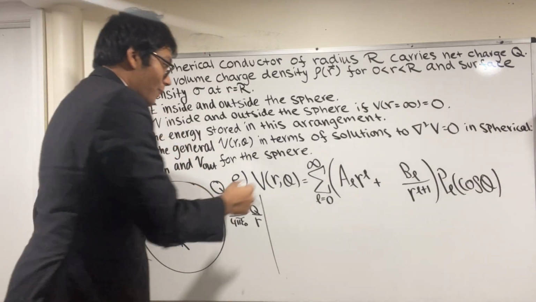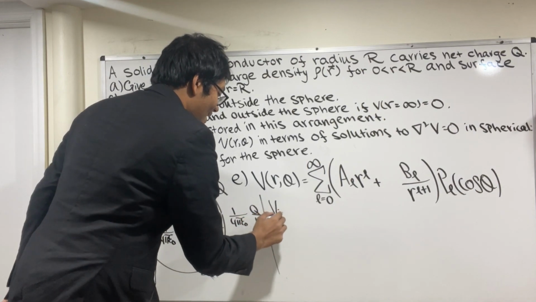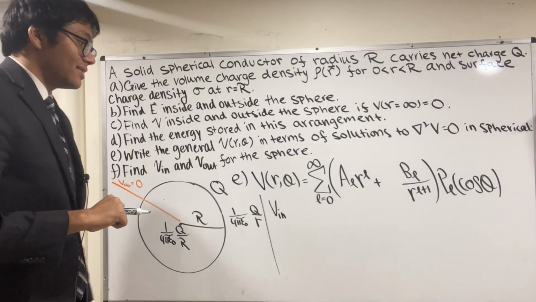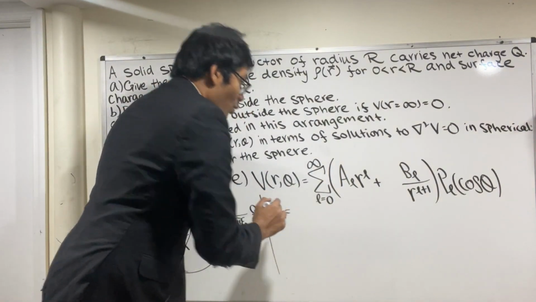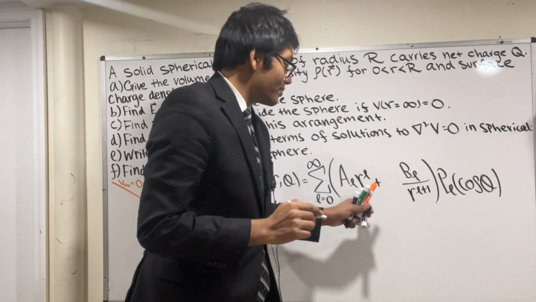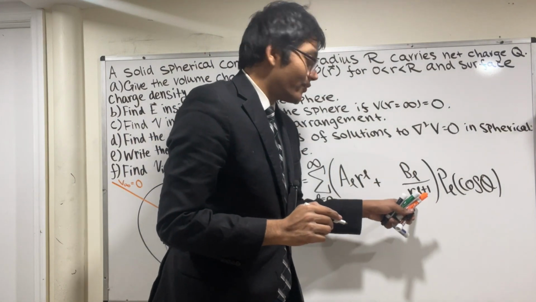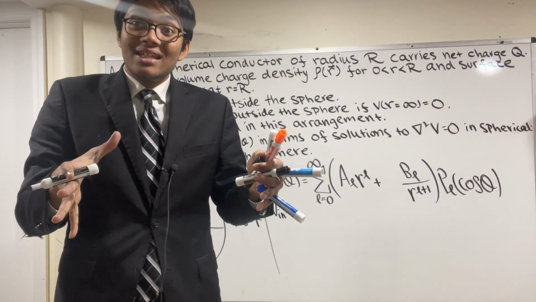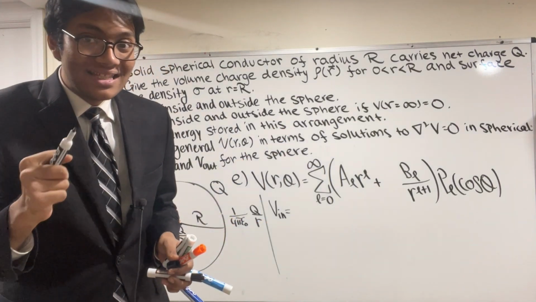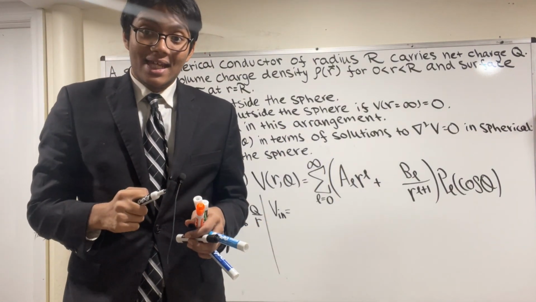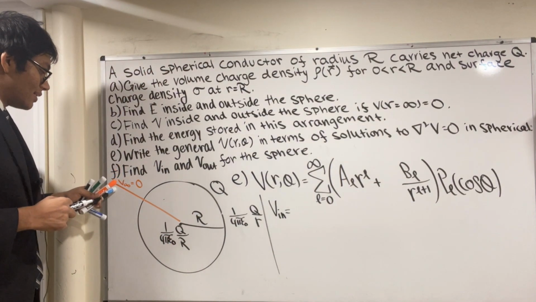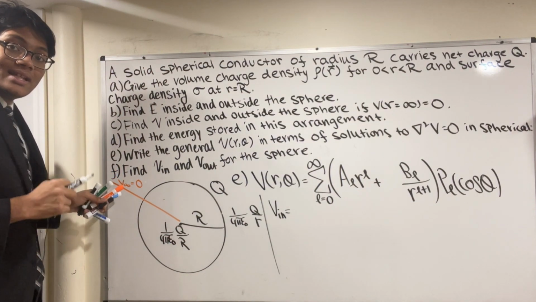Let's go. So the potential inside, right off the bat, I know something. You see these two terms here, A sub L r to the L and B sub L over r to the L plus 1? One of these terms has to die for the electric potential inside. Why is that? Well, let's think about it. I know that my ground, the electric potential at infinity, is 0.